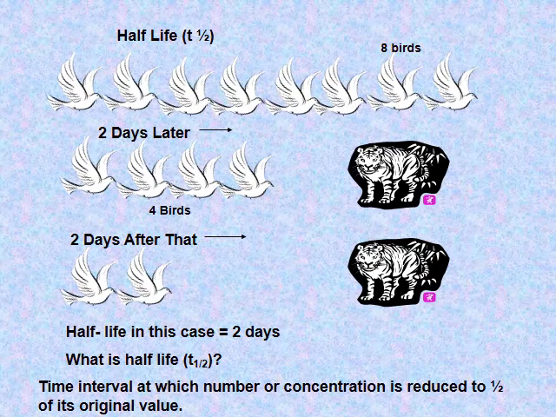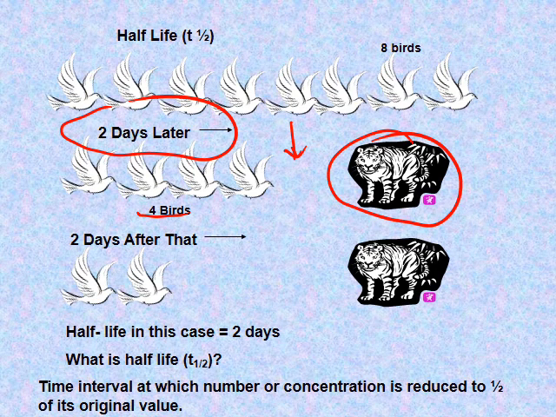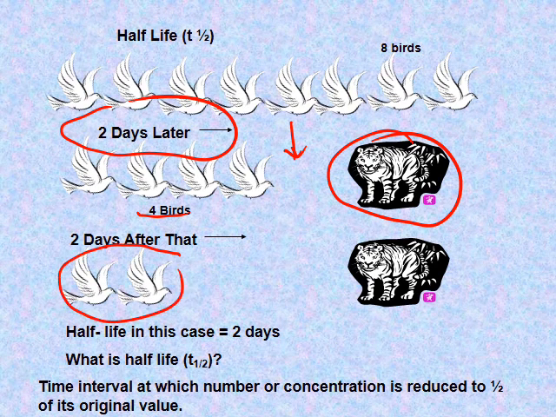Here we're going to discuss half-life. Now, at the beginning there are 8 bars. 2 days later, you see that there are 4 bars left. That means in 2 days, the number of bars has decreased from 8 to 4. Now you can see who is responsible for that on the right hand side. After 2 more days, you see that there are only 2 bars left.